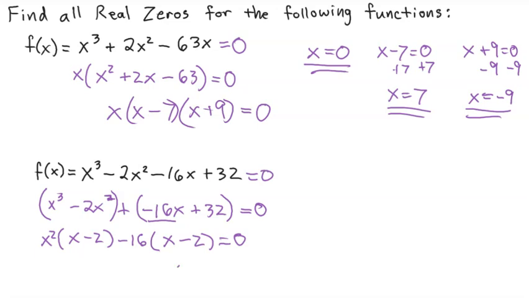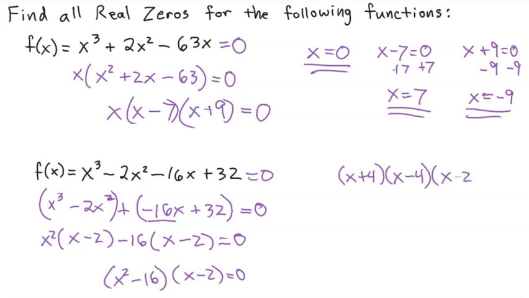And then this one is going to be x squared minus 16. But this x squared minus 16 can be factored. It's a difference of squares. So we can turn that into x plus 4 times x minus 4, then times x minus 2, and that's going to be equal to 0.